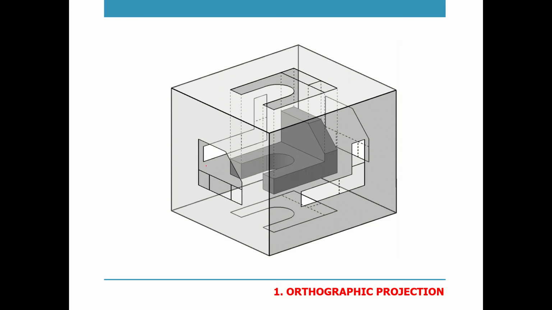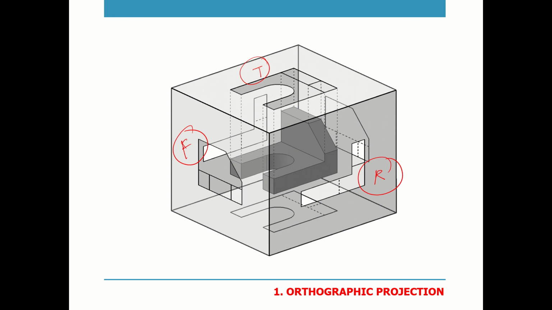This is projected and drawn on the front face. This side has been projected here and drawn on the right hand side. Whatever you see on top plan of the object has been projected and drawn on top of it. So these are the three drawings that we will primarily make for a given three-dimensional object.